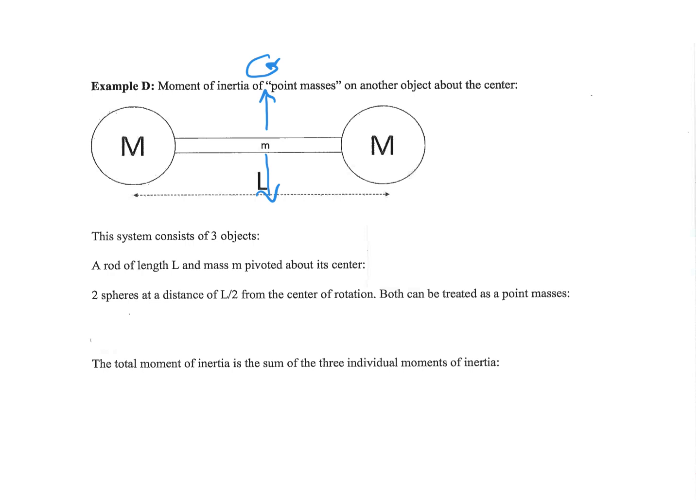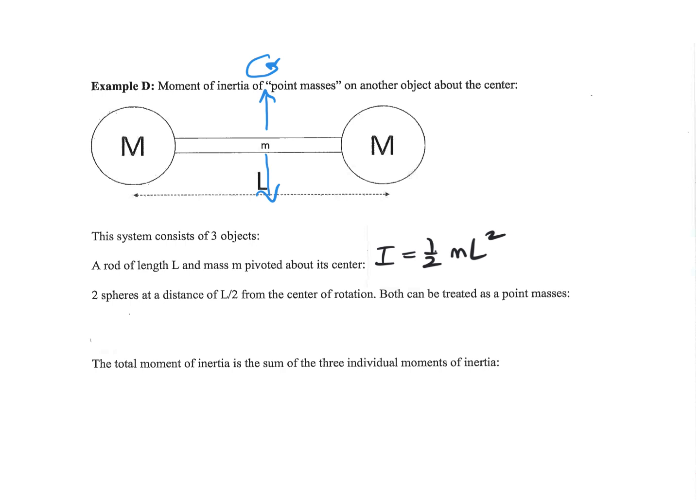Okay? You got three objects for sure. You've got a rod of length L and a mass M pivoted about its center. We know what that is. We know its inertia. We just found it. It is 1/12 mL squared, isn't it? That's that mass, correct? Didn't we just find that a minute ago for the bar?